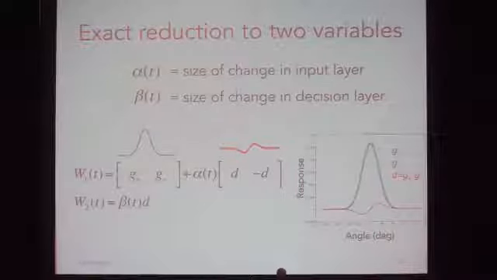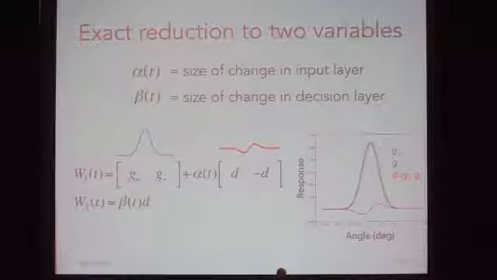Here's how it works. Your input matrix is going to be its original bell curve tuning, but now plus a term which is basically that red squiggle. It's the difference between the two population responses, and that's going to be scaled up over time by this alpha scalar. And the weights in the second layer are also scaling up as beta. It just happens to be the case that this reduction works.